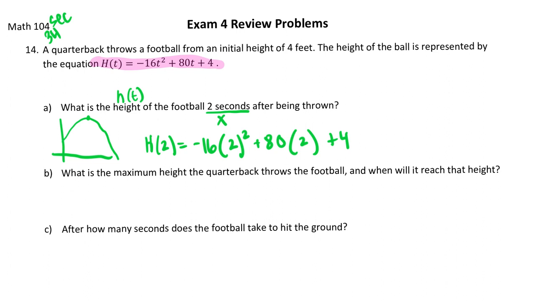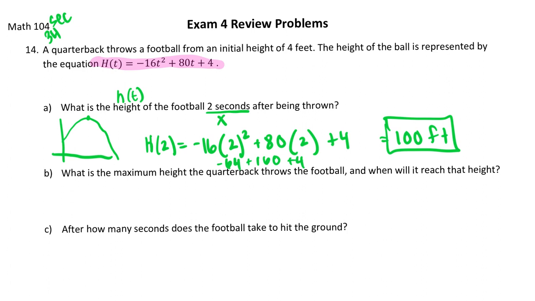This is going to definitely be a written section, so you can use a calculator to calculate that out. After calculating this out, we have negative 64 plus 160 plus 4. That should give us 100 feet. So the ball is 100 feet in the air after 2 seconds.